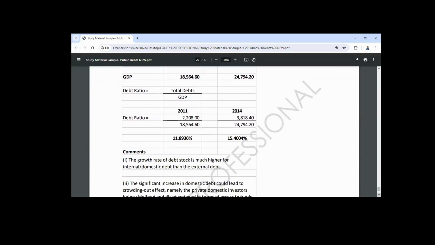We need to tell the examiner that there is a growth rate for debt stock. We need to tell them that the debt ratio increased from 2011 to 2014, from 11.8936% to 15.4004%.